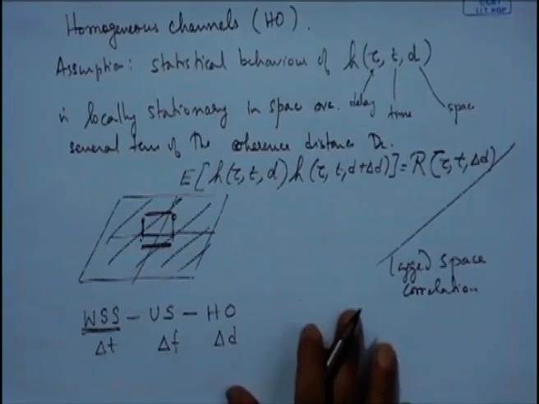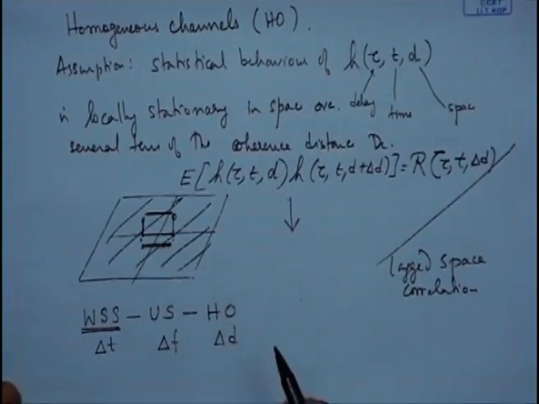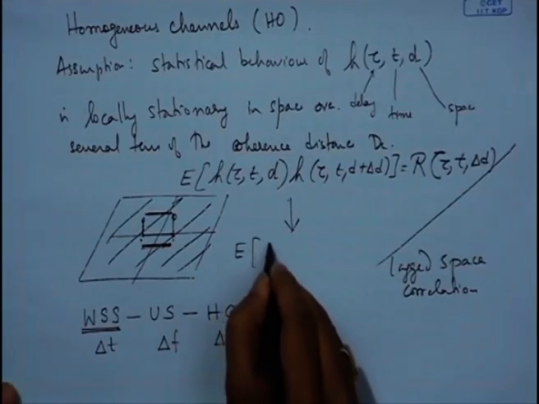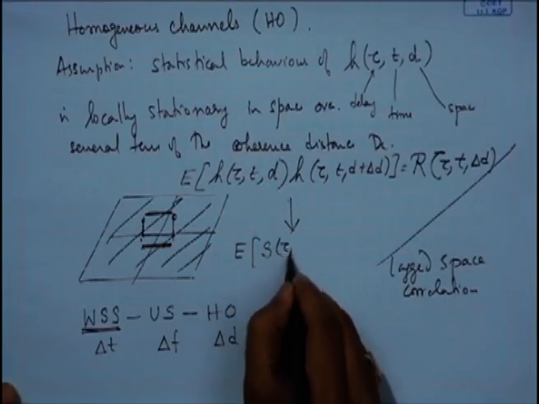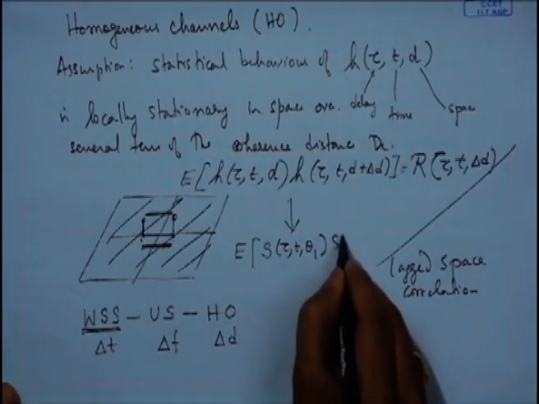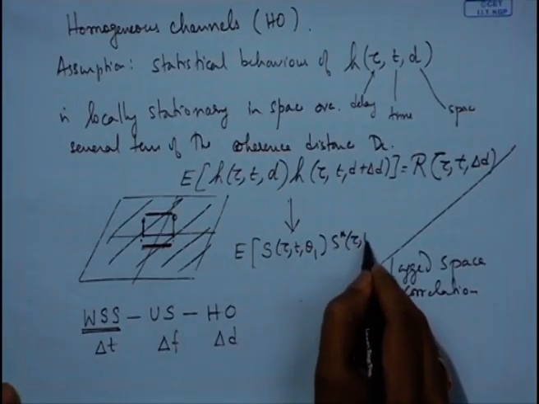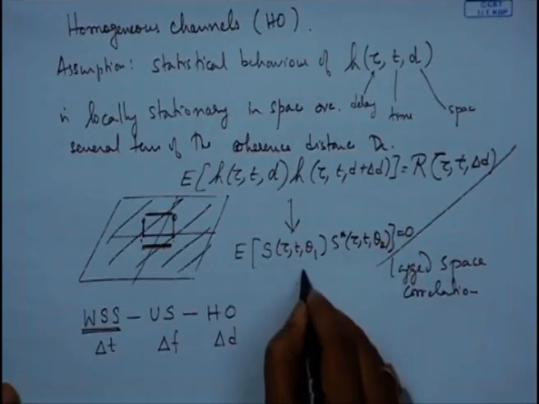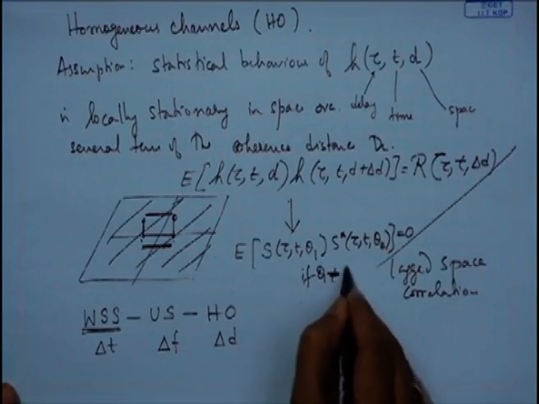So, this again gives rise to the result that, with s the scatter function, if I take the scatter function at tau 1, theta 1 and at tau 2, theta 2, this would be 0 if theta 1 is not equal to theta 2.